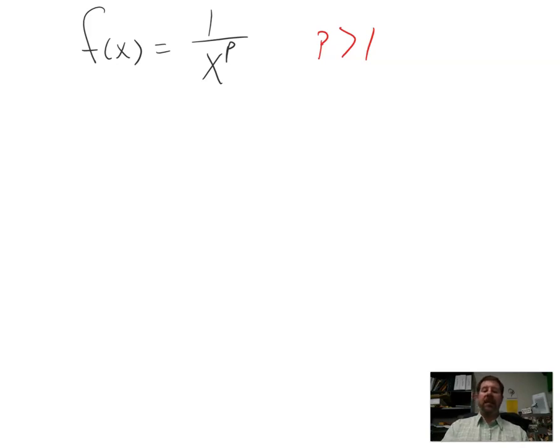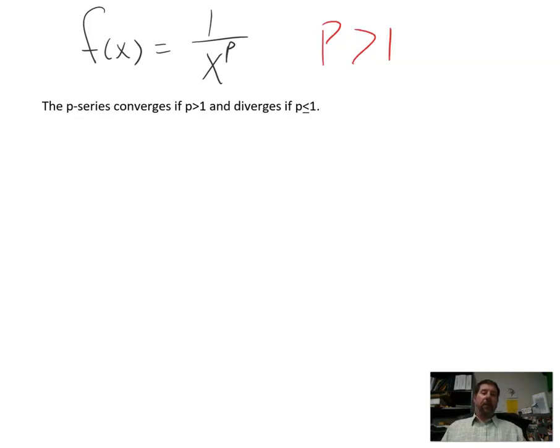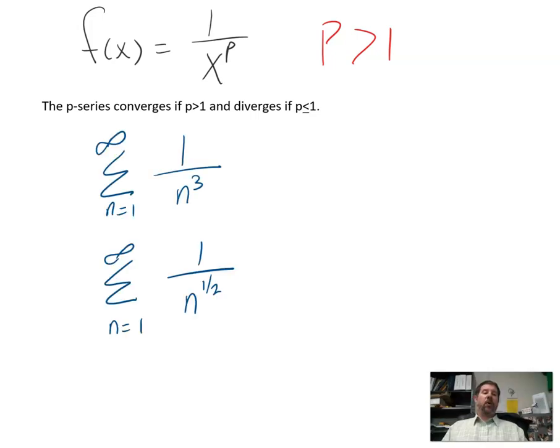So a p-series will converge if p is greater than 1, and it'll diverge if p is less than or equal to 1. Going back to the harmonic series, because p is equal to 1, that one is going to diverge.